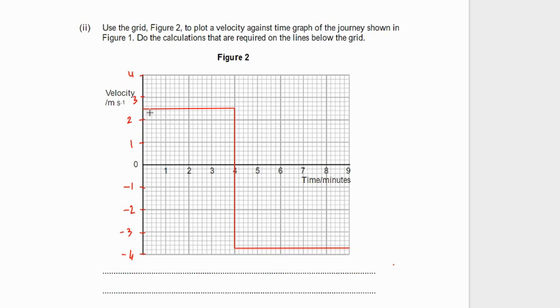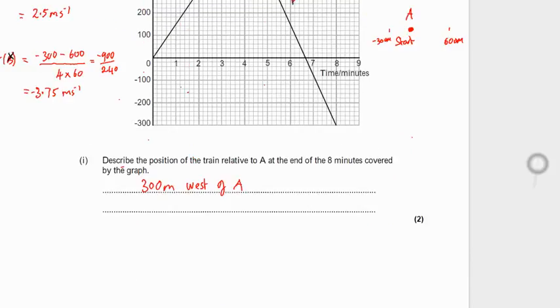And I know what happens in the journey: you have 2.5 meters per second constant speed for 4 minutes. The object turns around, goes the opposite way, and that would signify a negative speed. And that change here on the graph was instantaneous.